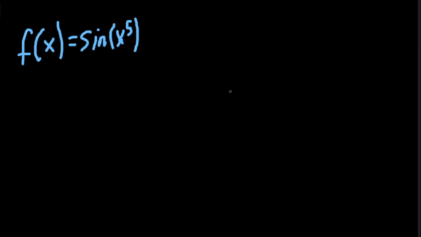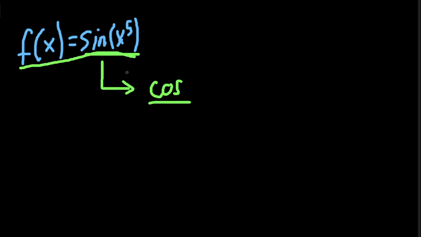Okay, so last question. This one's a little bit different, but for those that don't know, the derivative of sine is actually cosine. So you just need to know that before we start this. Whenever you take the derivative of a trigonometry function, you have to see what's in the parentheses right here.